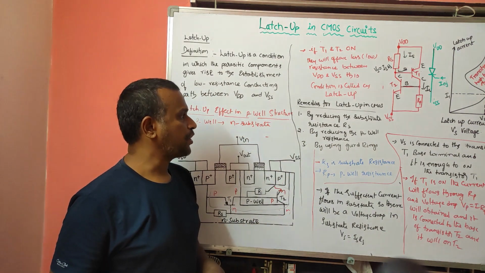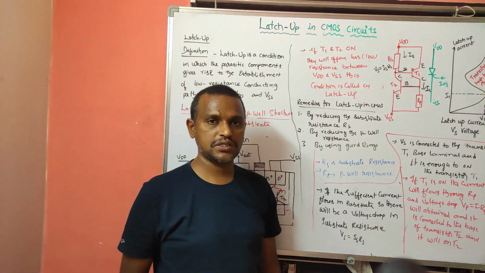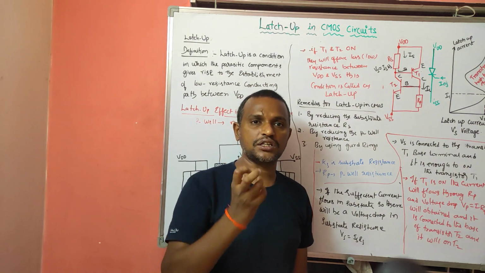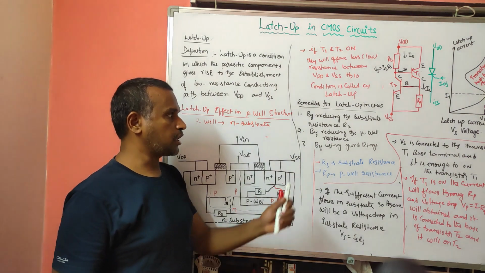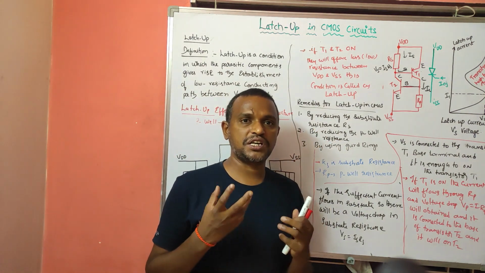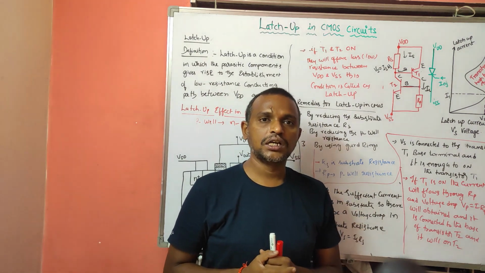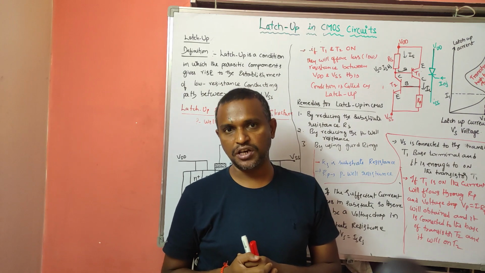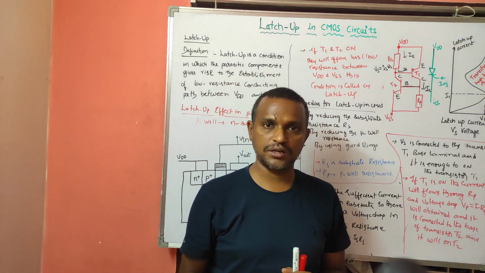Okay. So in the first step, how can you reduce the substrate resistance? We can reduce the substrate resistance by increasing the doping concentration of the substrate. Generally, the resistance of a material, N-type or P-type, will be reduced by increasing the doping concentration.